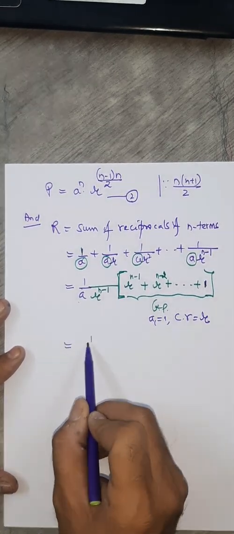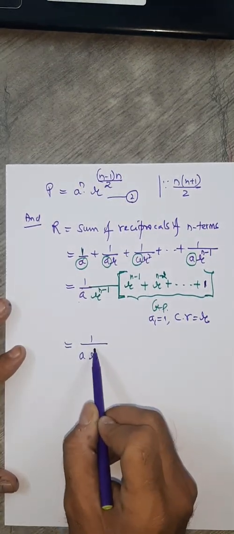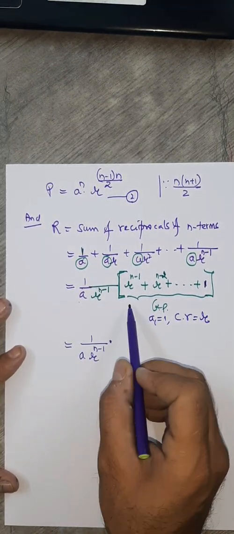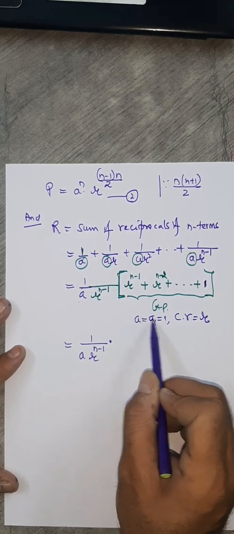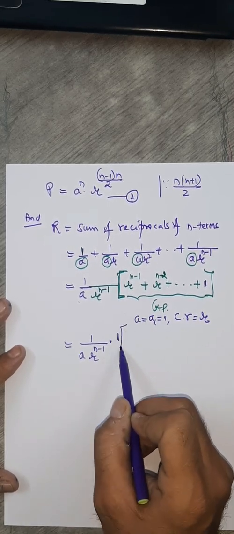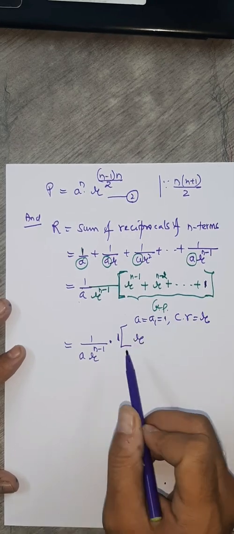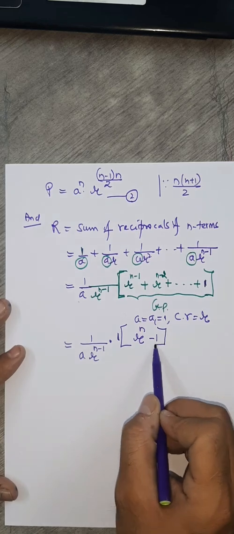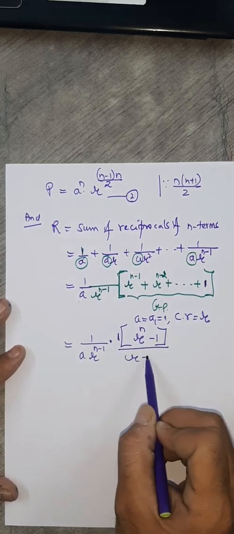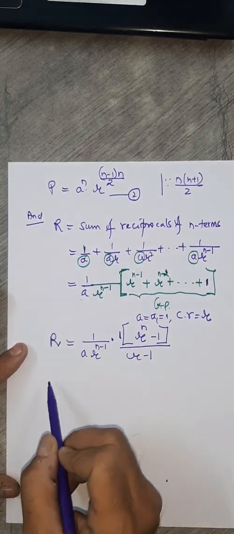So there are n terms. So we are adding n terms of a geometric progression where the first term a1 equals 1, and the common ratio is r. How many terms? n terms: (r raised to n minus 1) upon (r minus 1). This is nothing but R.